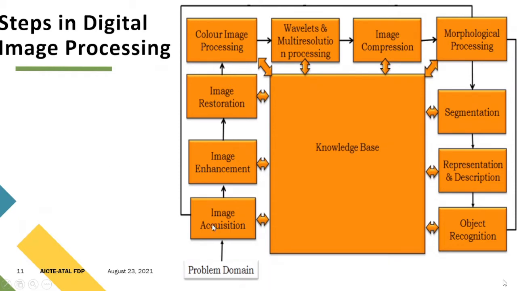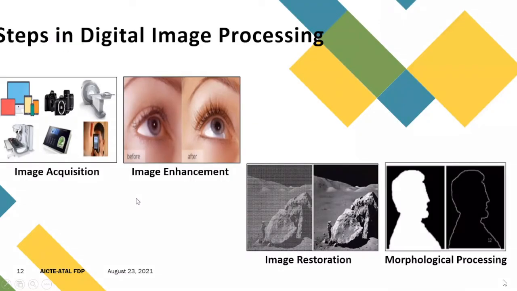So first, understand what image acquisition is. As I've told you, image acquisition is capturing the image, right? You have to click the image of yourself, but how to click it? Either you will use your phone, webcam, or anything, right?